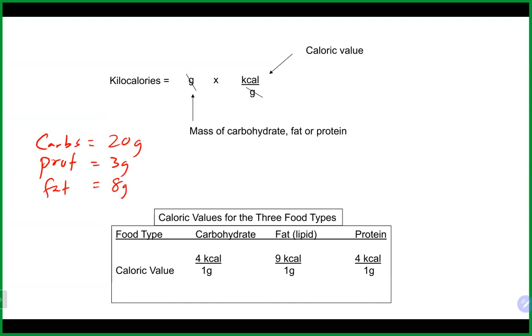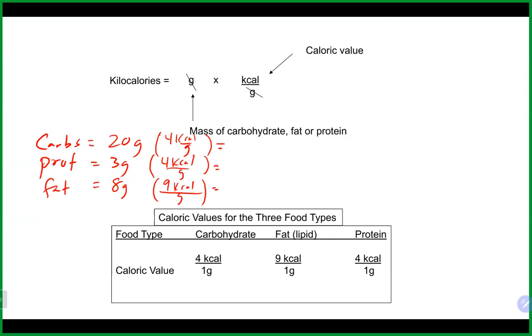So if you look on the back, you can get those grams. For our carbs, we would multiply by 4 kilocalories per gram. For our protein, we would multiply by its caloric value of 4 kilocalories per gram. And for our fat, 9 kilocalories per gram.